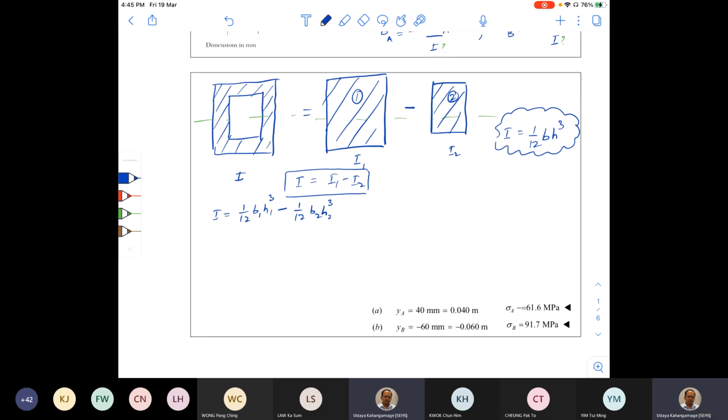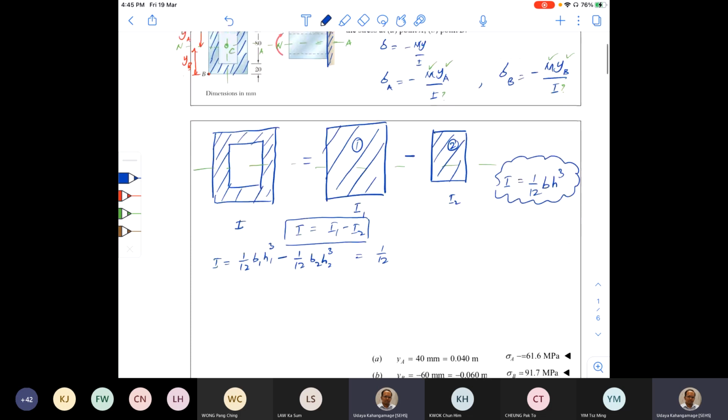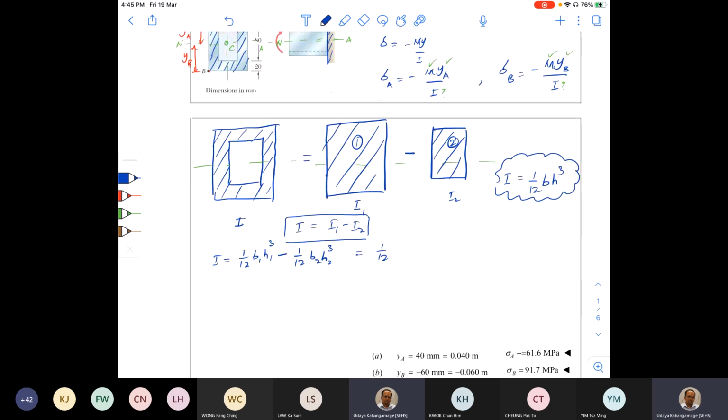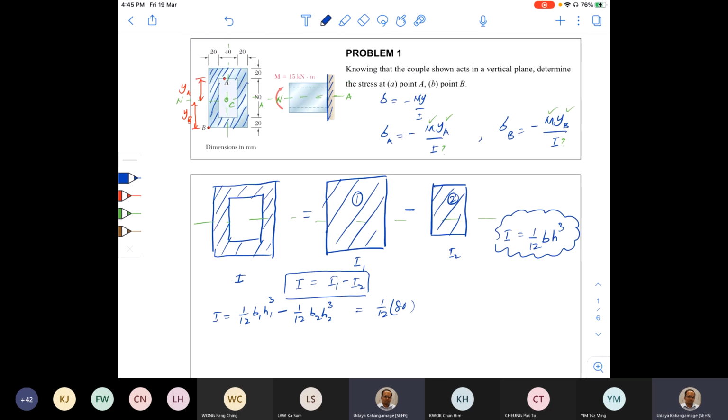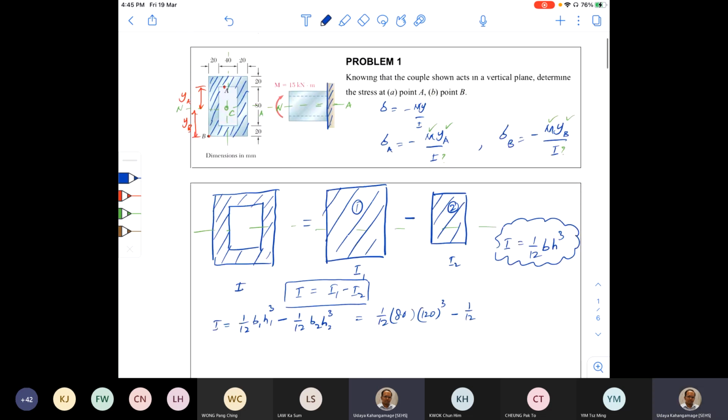Okay, so shall we substitute the numbers here now? 1 over 12, B1 is given as 40, 20, 20, 80, right? It is 80 millimeters. And H is 80, 20, 100, 120. 120 to the power 3, minus 1 over 12 B2.